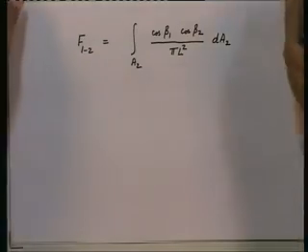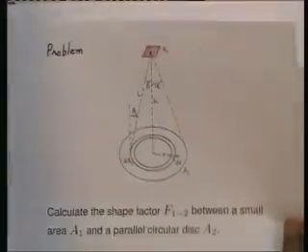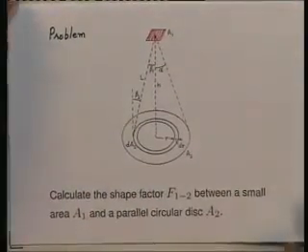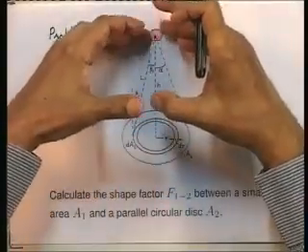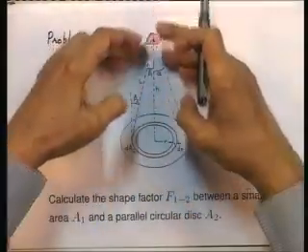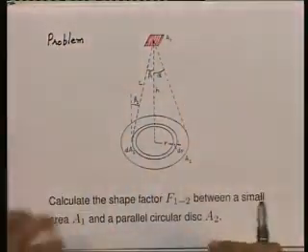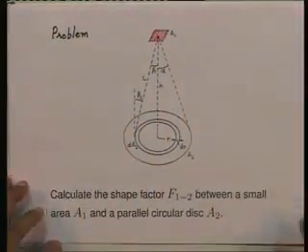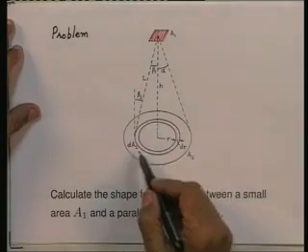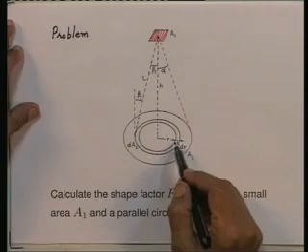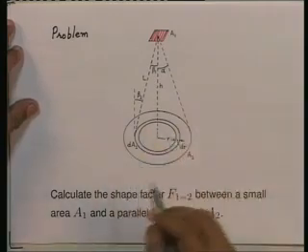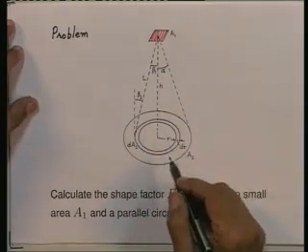Now, let me go back to the sketch here. We must take our dA 2. In this case, we have symmetry. We want the radiation coming from 1 which falls within this cone. All right. So, since we have symmetry, for dA 2, I can take a ring of thickness dr at some radius r. We have got symmetry all over. I do not have to take dA 2 as r d theta dr in polar coordinates.